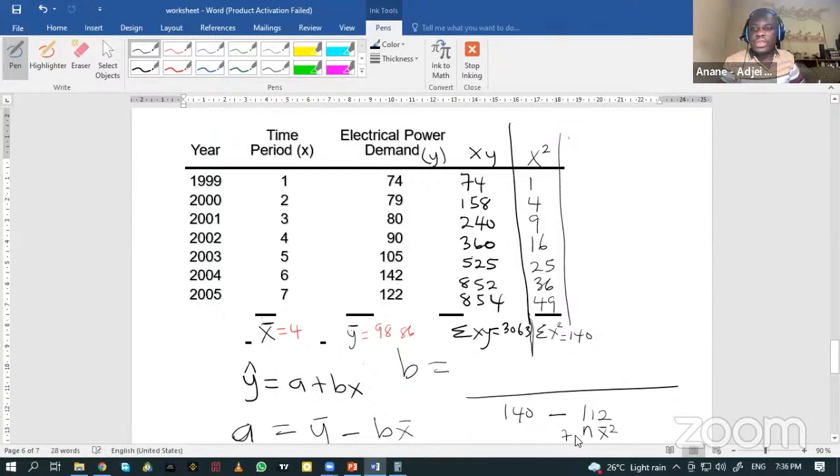The number of periods was 7, and x bar is 4, so x bar square is 4 square, giving us 16. So we multiply 7 by 16 to get the 112 here. So I hope you understand it now.